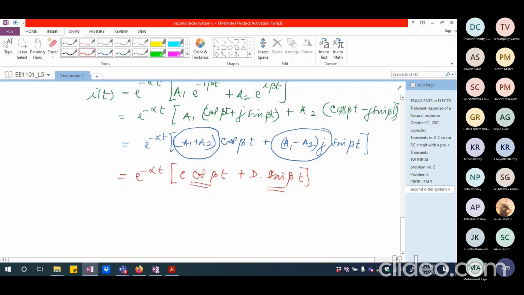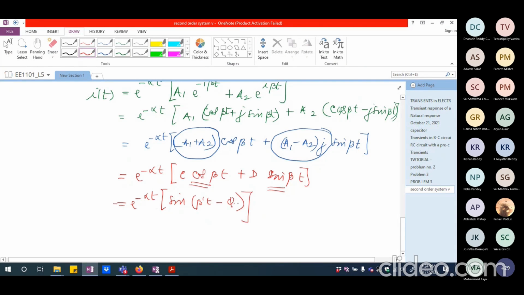So sine A cos beta t and cos A sine beta t will ultimately work out to be sine of A plus B. So I can write this ultimately as e power minus alpha t multiplied by sine of beta t minus some other theta or phi. I can write this basically as a sine with some phase or cosine with some phase. Either way is fine. So this is going to be the overall solution, and this has to be multiplied definitely by a constant.